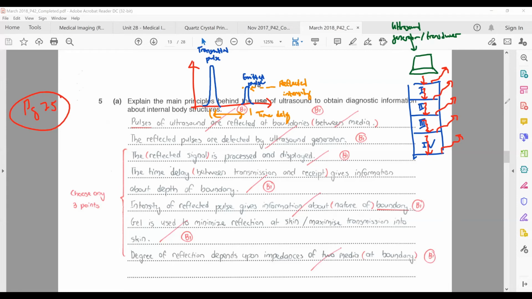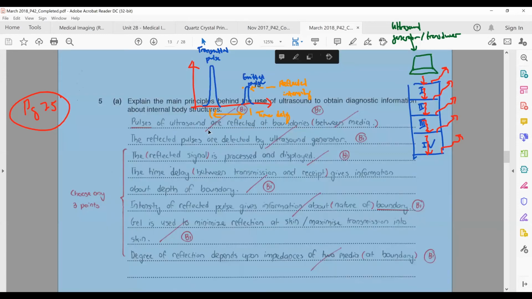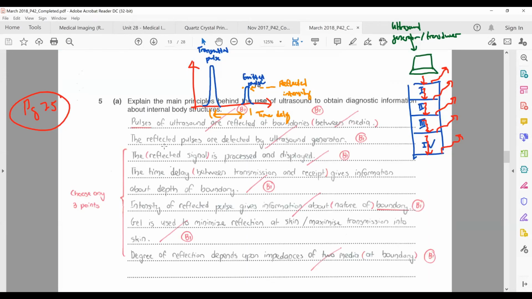Okay, right. So now that I've done the diagram, maybe I just re-explain the little points that you are copying with respect to the diagram. Now you understood the fact that when you send ultrasound into your body, it will be reflected at the boundaries between the media. Your reflected pulse is what you want to detect, which would then be processed to give you an image of your body structure.